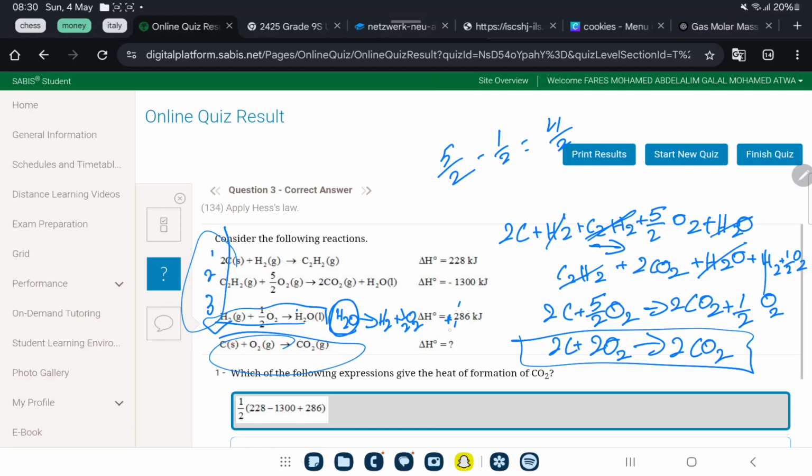Now to find the heat, we just add this up: 228 minus 1300 plus 286. You get minus 786 kilojoules. So now we have the reaction and its heat.